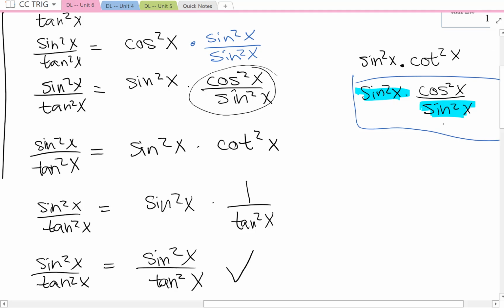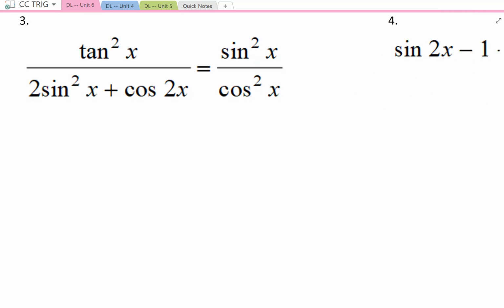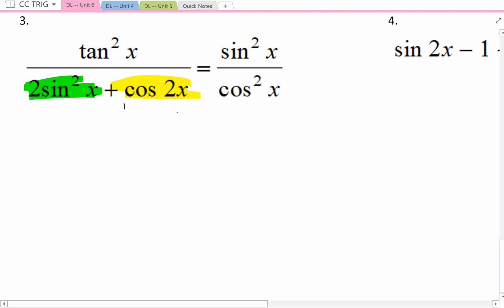So sometimes playing around with the other side of the equation can help you know how to get to your destination. I'm going to expand anything that has a double angle, so cosine 2x I see again here. And next to it I see a 2 sine squared x. So I think I'm going to replace cosine 2x with the identity that has 2 sine squared x in it.